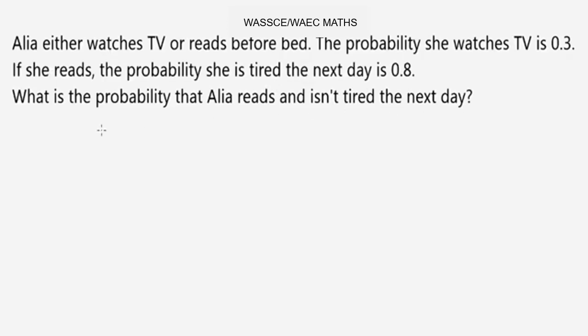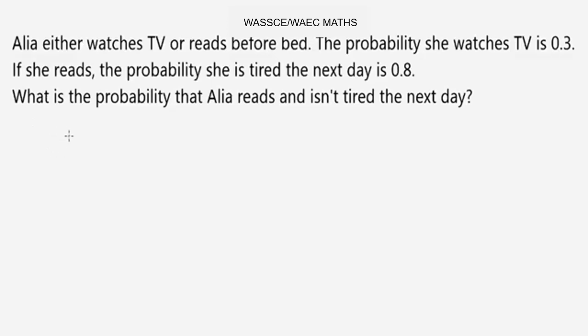Alright, now let's recall that conditional probability is used when you have dependent events, where one event affects the other. Now, for this question, let's look at the formula we're going to apply. The rule is that the probability of events A and B both happening is equal to the probability of event A happening multiplied by the probability of event B happening, given that event A happens.